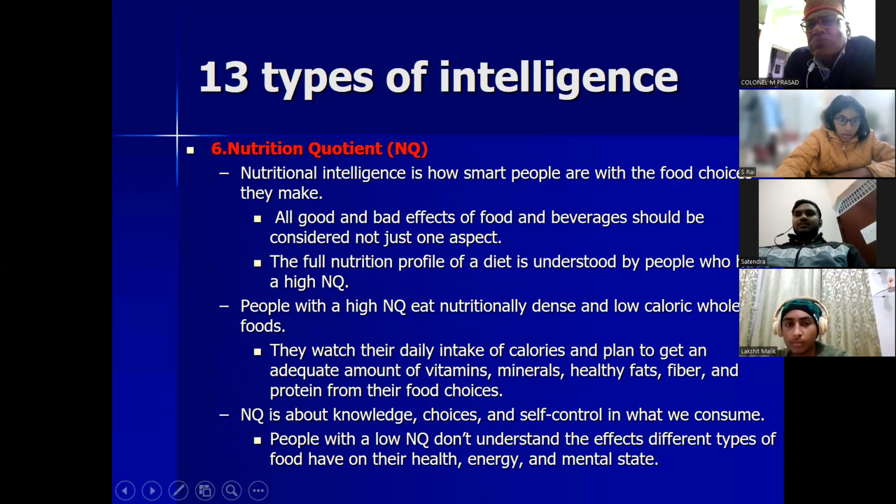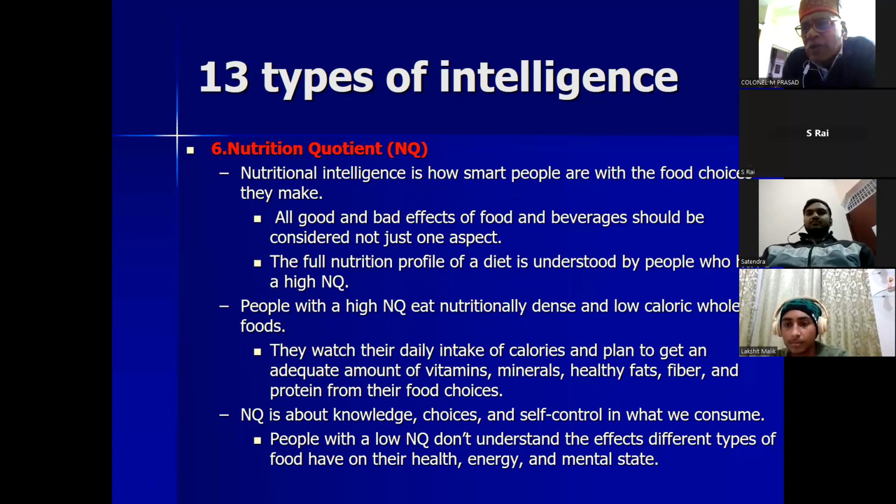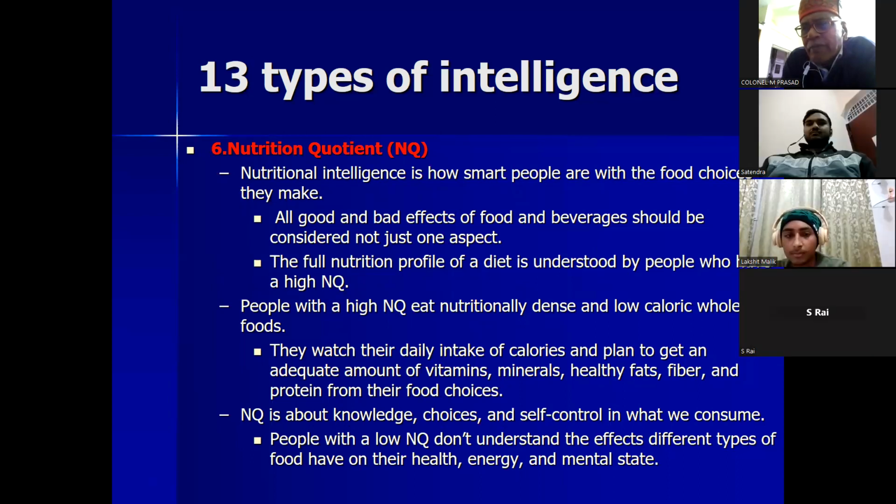The nutrition question is how smart people are with their food choices. Shivanshi Rai won't like to eat vegetables. That's the problem. So what will happen? She will become fickle, frail, with no nutrition. So the problem is, given what is available, we must plan and use it so that the aim is to remain healthy.